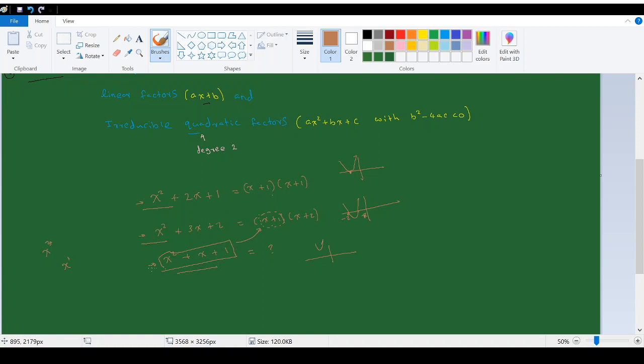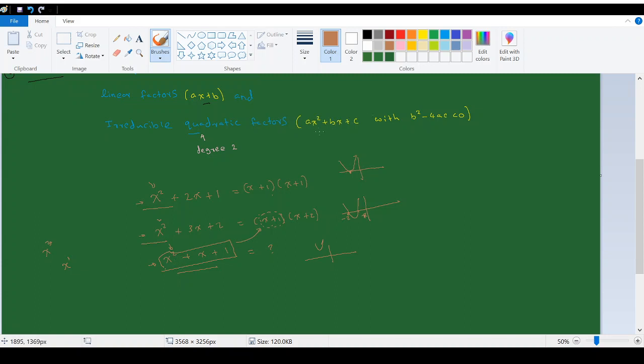So when we are given a second degree polynomial, and keep in mind all these polynomials are of second degree, how do we see whether we can factorize it or not?